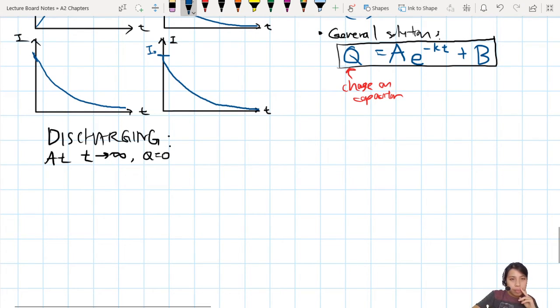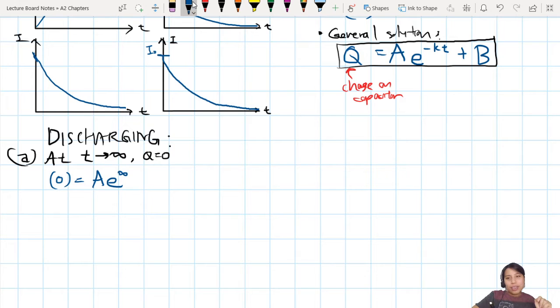What do we get? For this first step, if we sub in, Q0 equals A e to the negative infinity, or infinity, either one, plus B. E to the infinity is what? You press the calculator for a very, very big number. E to the power of a negative very big number is going to be 0. You don't believe me?